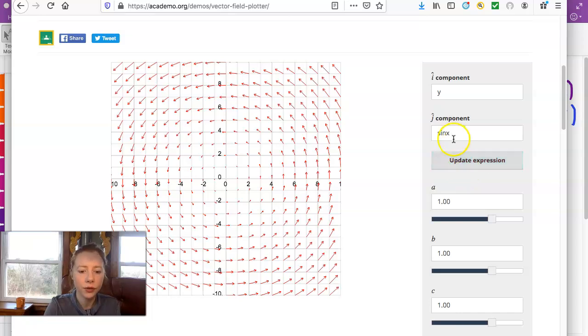And so trying a few others, let's do the natural log of 1 plus y squared and the natural log of 1 plus x squared.